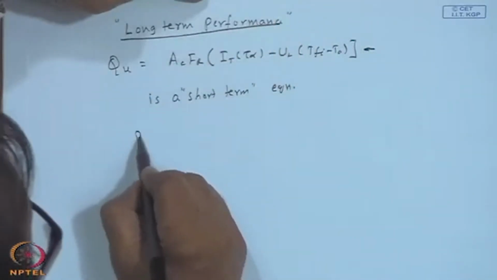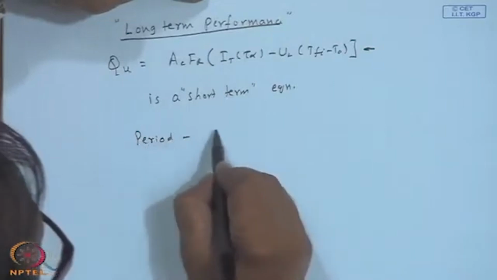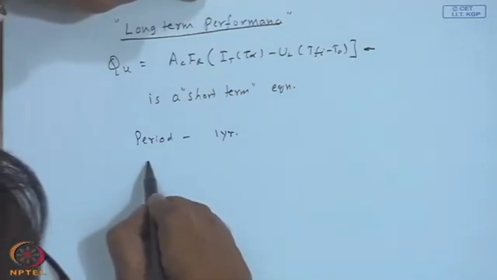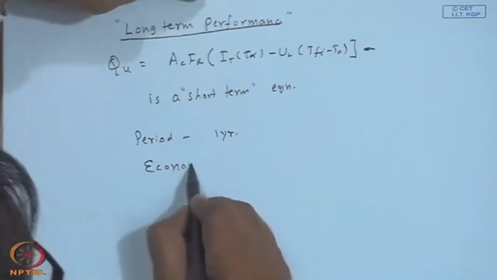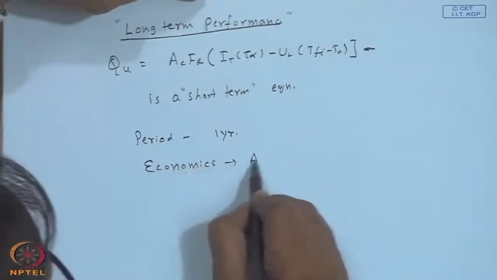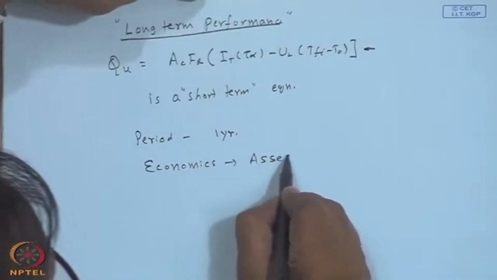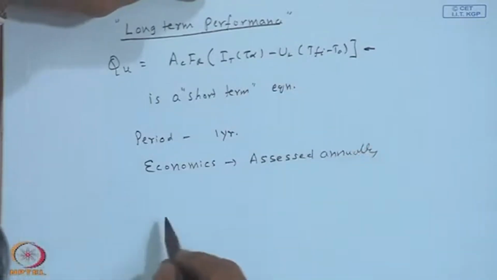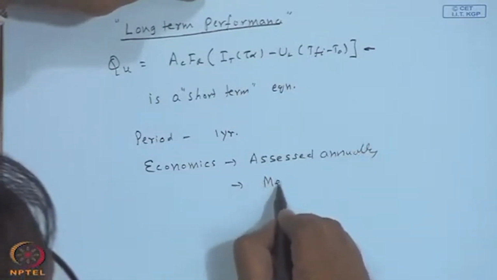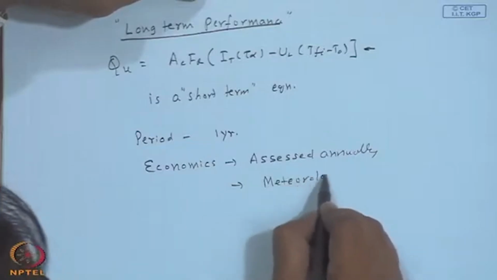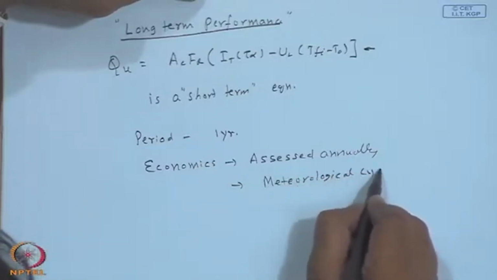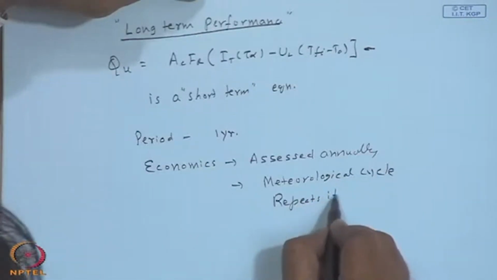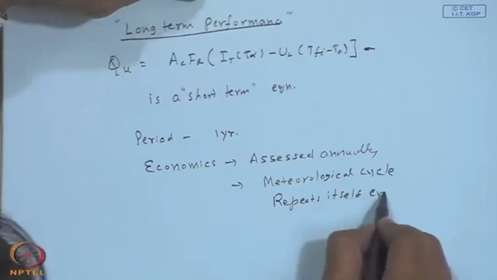The time period we choose is 1 year. There are two good reasons for it. One is economics is usually assessed annually. The second thing is the meteorological cycle repeats itself every year.